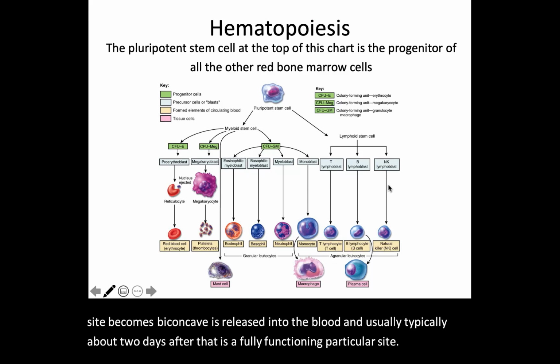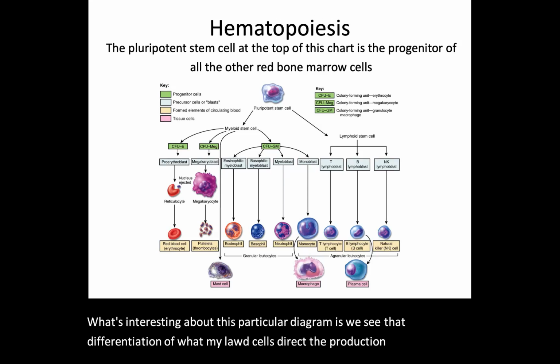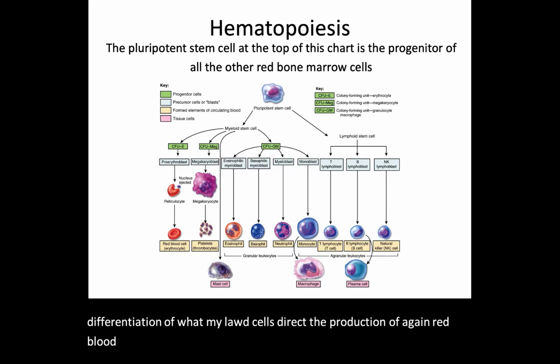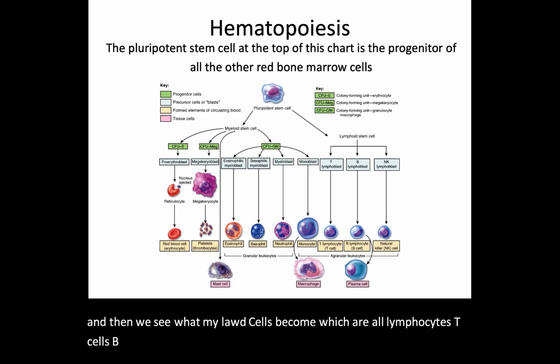What's interesting about this particular diagram is we see that differentiation of what the myeloid cells direct the production of. Again, red blood cells, platelets, eosinophils, basophils, neutrophils, monocytes, mast cells, and then we see what the lymphoid cells become, which are all lymphocytes: T cells, B cells, and NK cells, which are natural killer cells.